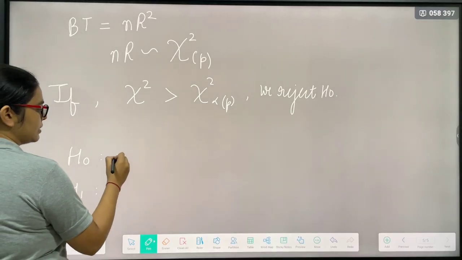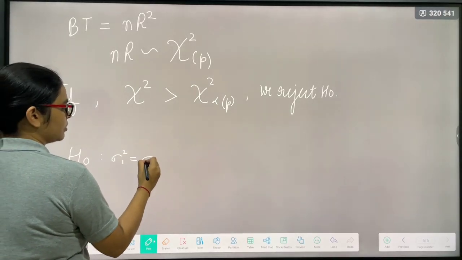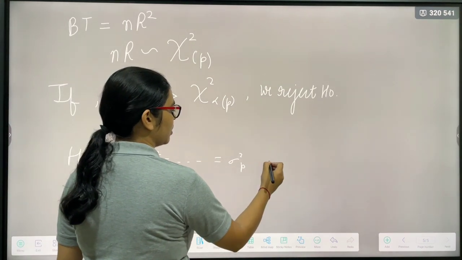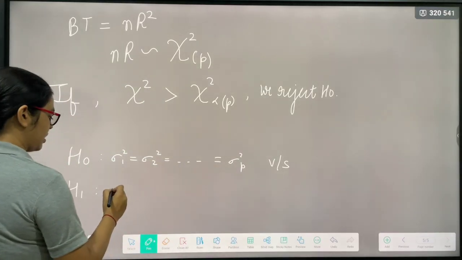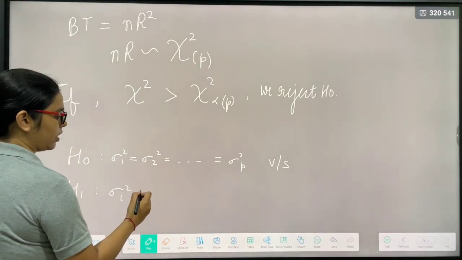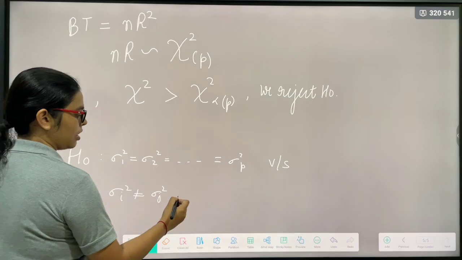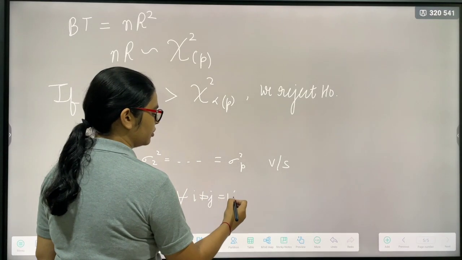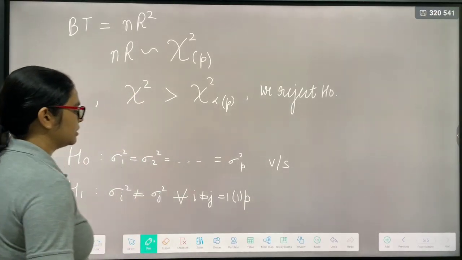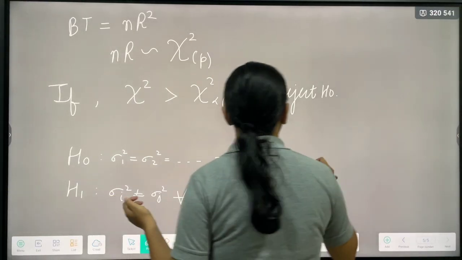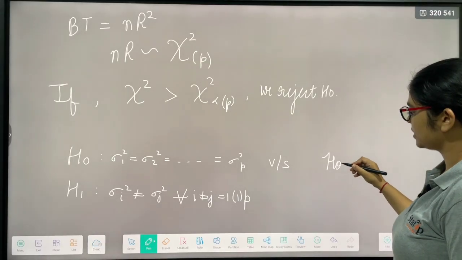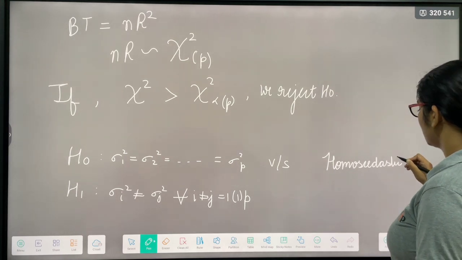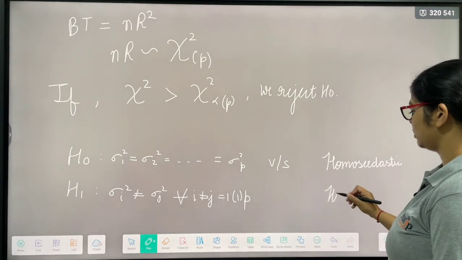H naught was sigma 1 square is equal to sigma 2 square is equal to sigma p square, versus sigma i square is not equal to sigma j square for i not equal to j, i goes from 1 to p, which means that the model is homoscedastic versus the model is heteroscedastic.